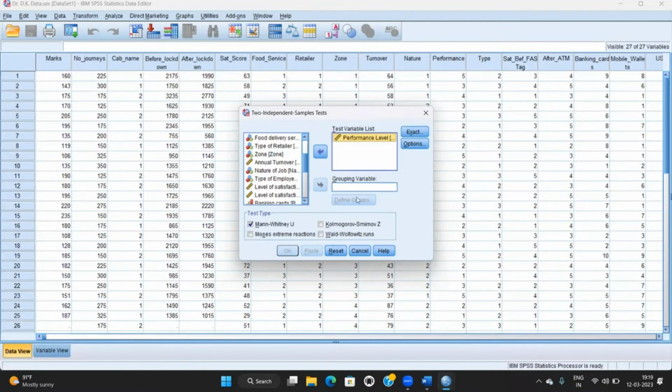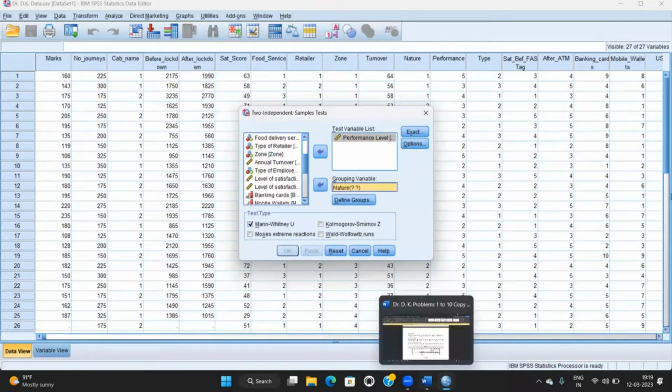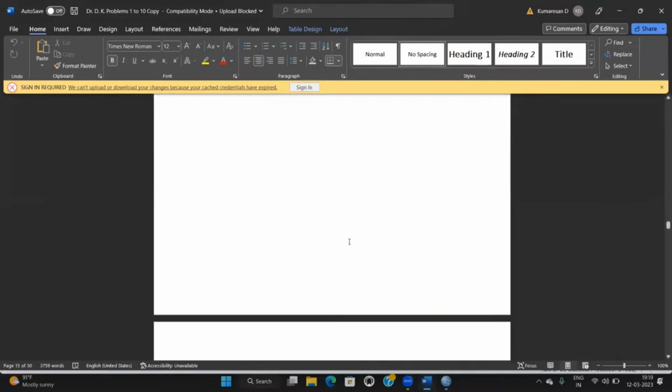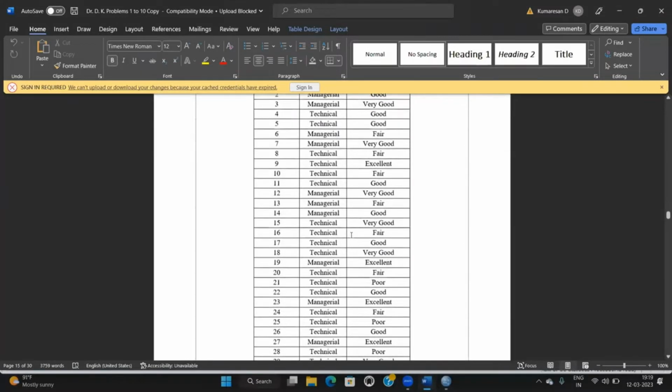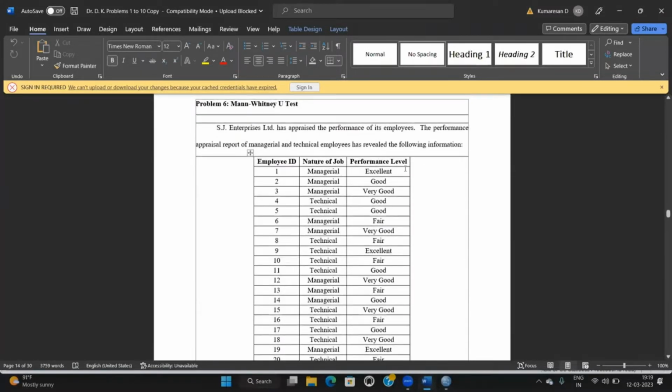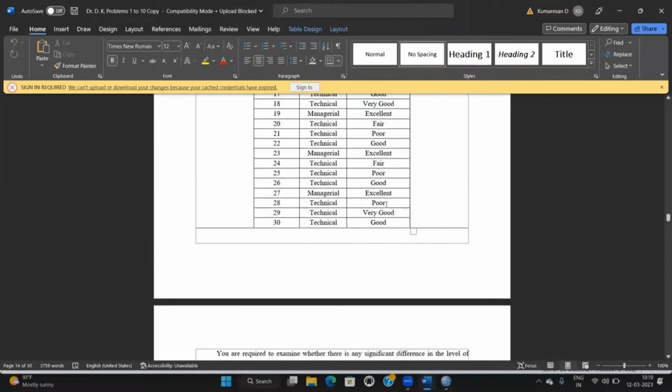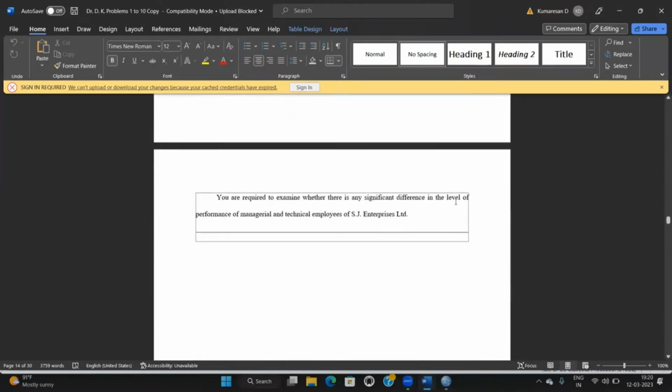Performance level is the test variable. As usual, the grouping variable. What is the grouping variable? Nature of job. Nature of job is the grouping variable because, see here in the problem, nature of job is given, performance level is given. We are going to test the performance level.